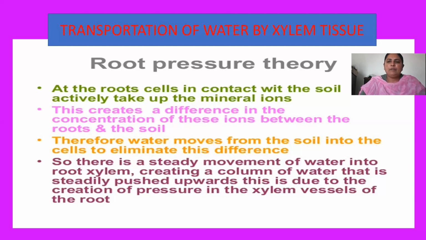That means from one cell of the root, the water is transported towards the various cells of the stem, then the branches, and so on. So there is a steady movement of water into the root xylem, creating a column of water that is steadily pushed upwards. This is due to the creation of a pressure in the xylem vessels of the roots, and this is known as the root pressure.